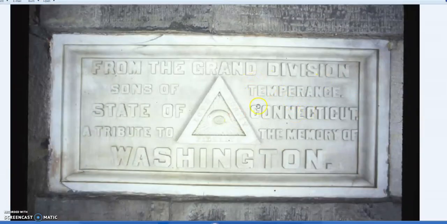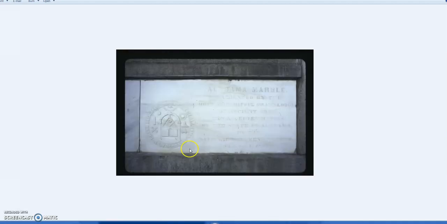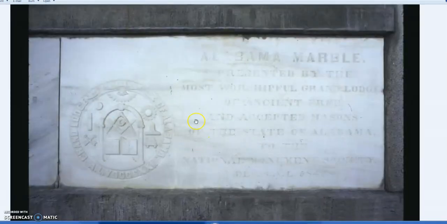The Temperance Society, probably most famous for being anti-alcohol, but they were also literally a fraternal organisation, a fraternal brotherhood or a society where they provided insurance again. And so, just like the Oddfellows and just like Masons and Templars, they were mutual aid, self-help organisations.